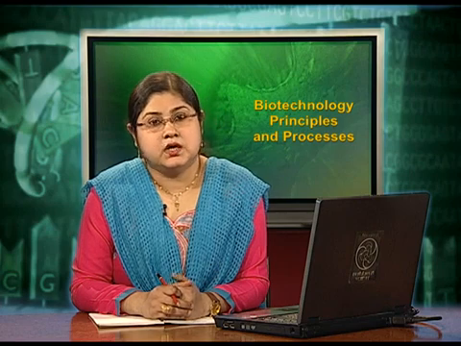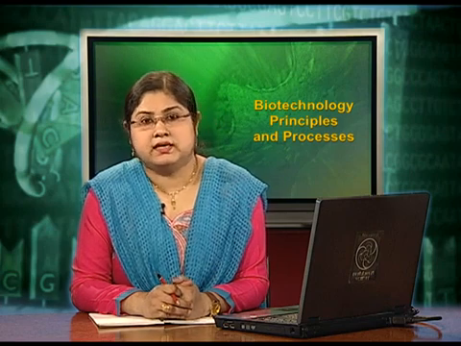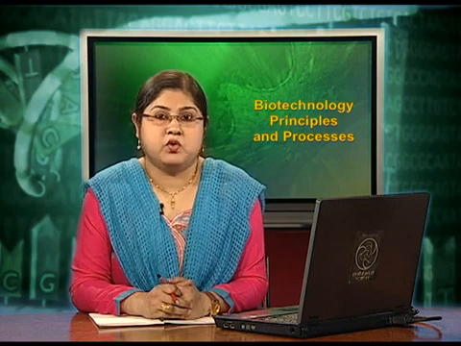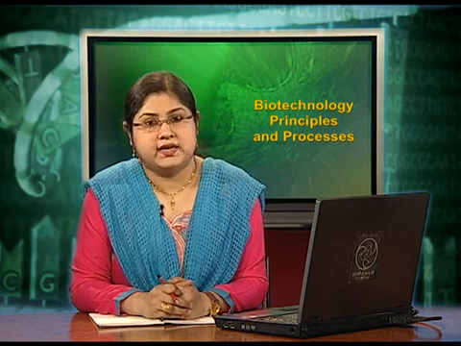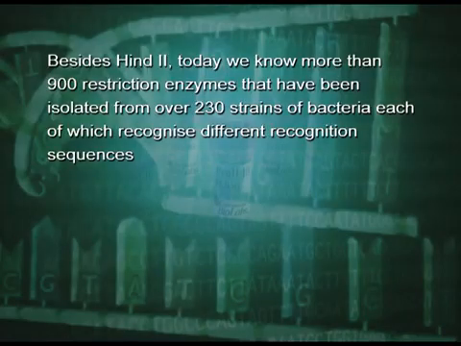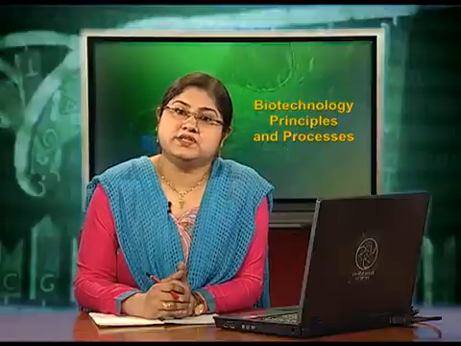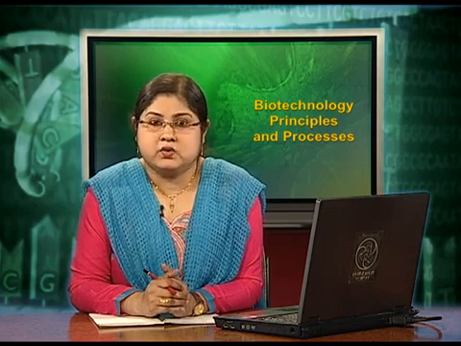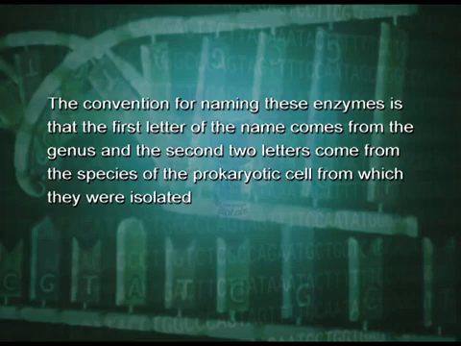Besides HindII, today we know more than 900 restriction enzymes that have been isolated from over 230 strains of bacteria, each of which recognizes different recognition sequences. The convention for naming these enzymes is that the first letter of the name comes from the genus and the second two letters come from the species of the prokaryotic cell from which they were isolated.